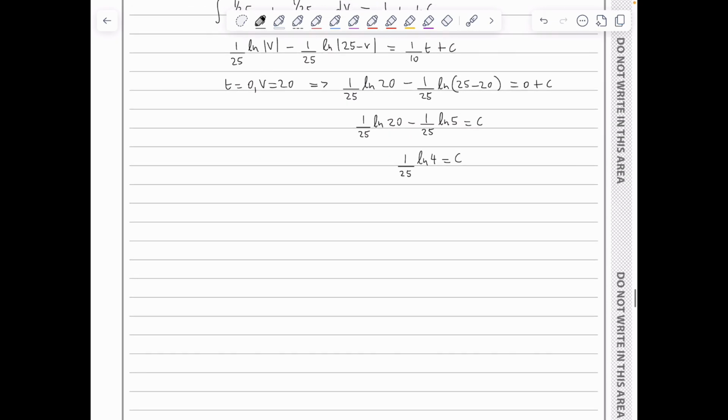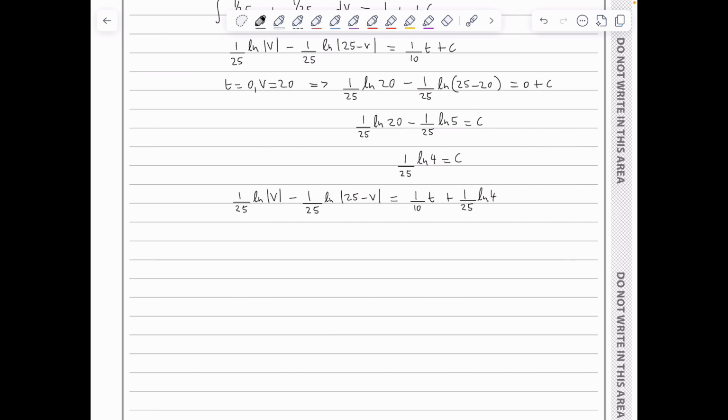And this means that the model is 1/25 ln|v| minus 1/25 ln|25 minus v| equal to 1/10 t plus 1/25 ln 4. Now I'm trying to find the value of t when v is 24.